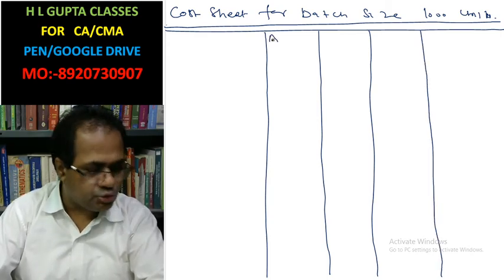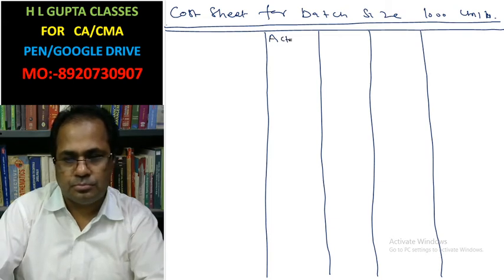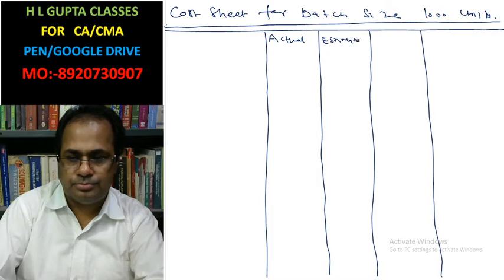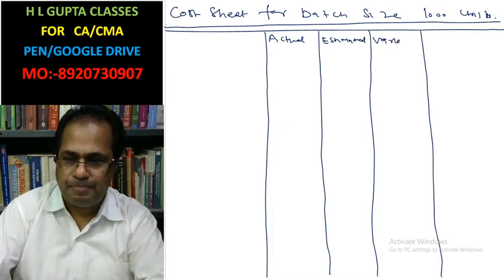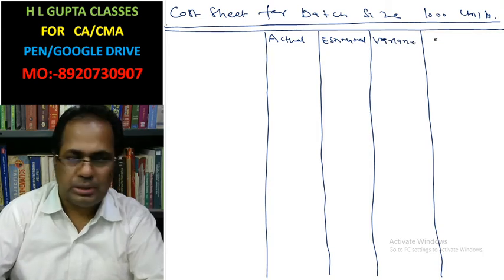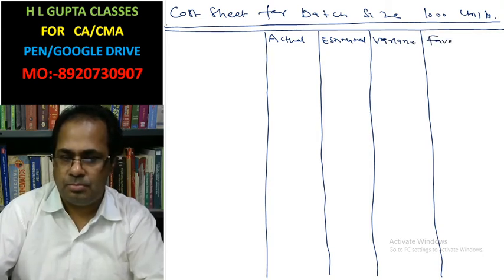This is actual, this is estimated, this is variance, this is favorable or adverse.